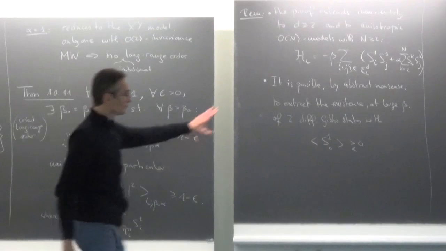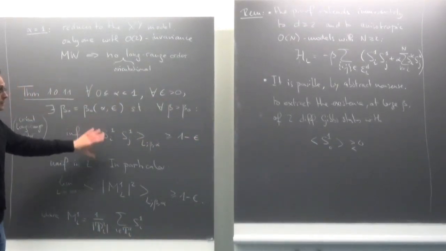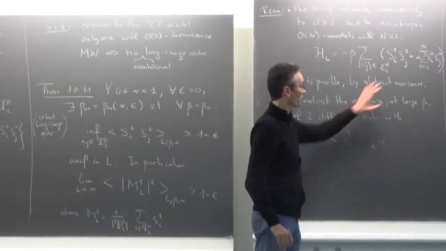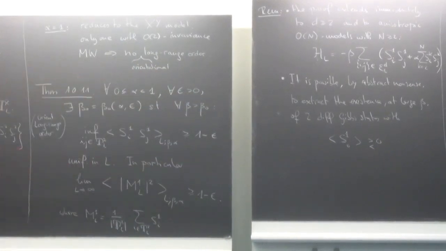So it's possible to deduce that from these statements, but I will not do it here because it requires some abstract theory which we have not seen this semester, so I cannot do it, but it's possible to do.